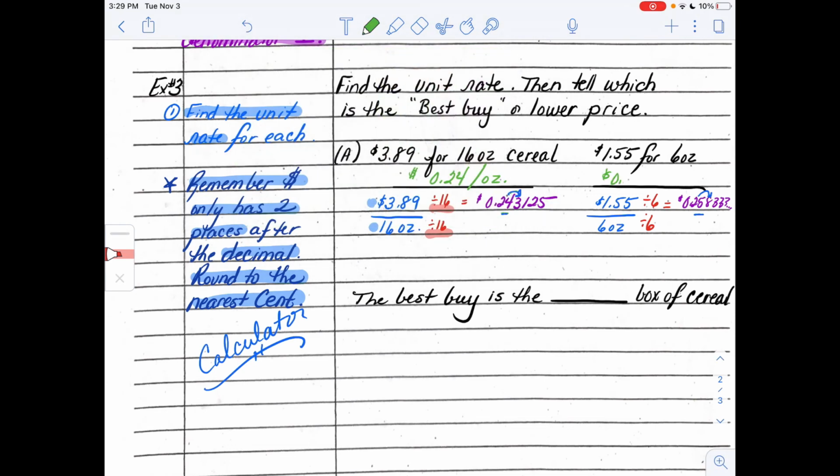So this would be 26 cents per ounce. So that tells me right there, although $1.55 is cheaper, I'm actually going to have to buy more boxes of that to get the same amount of cereal.